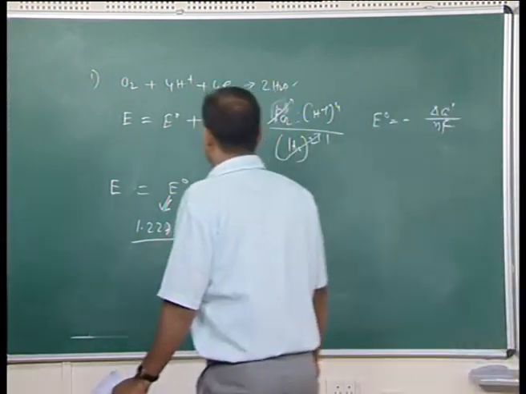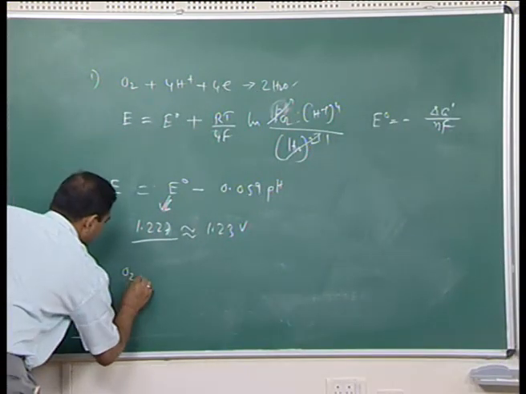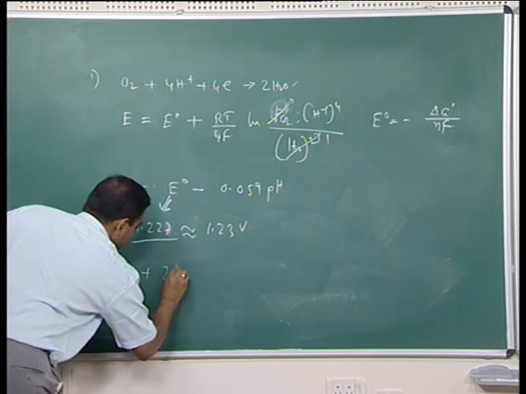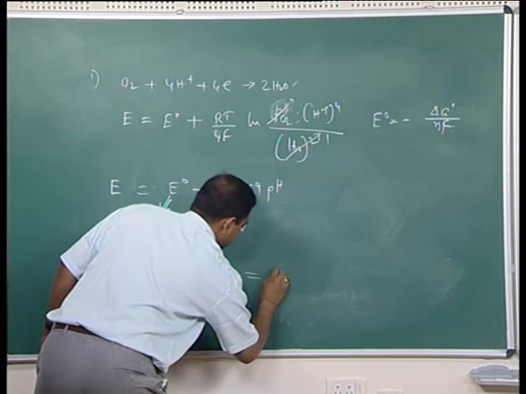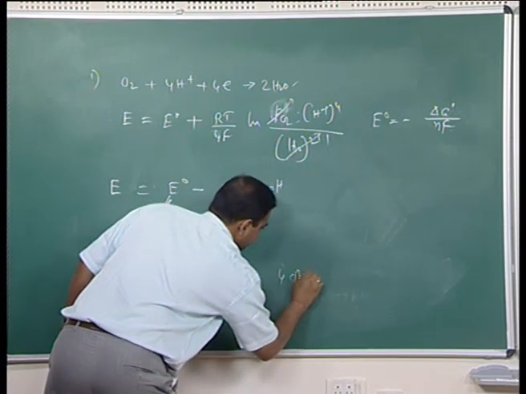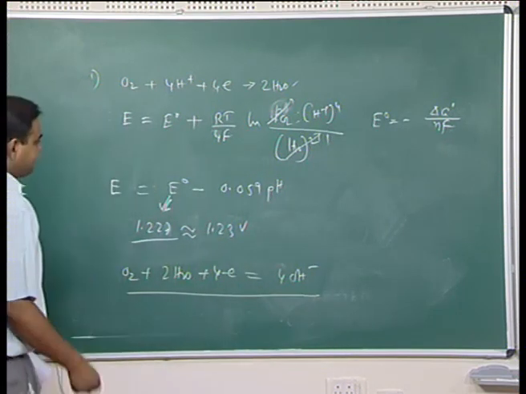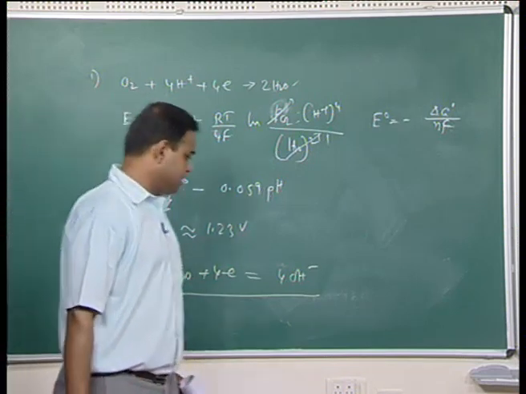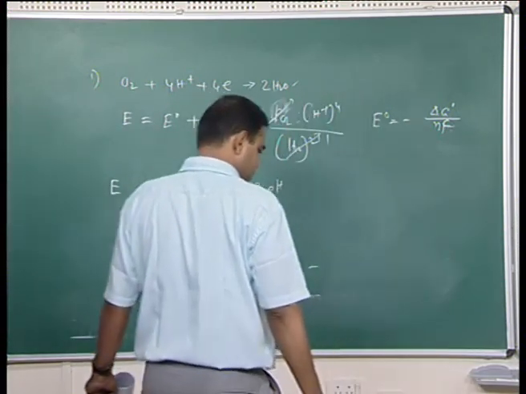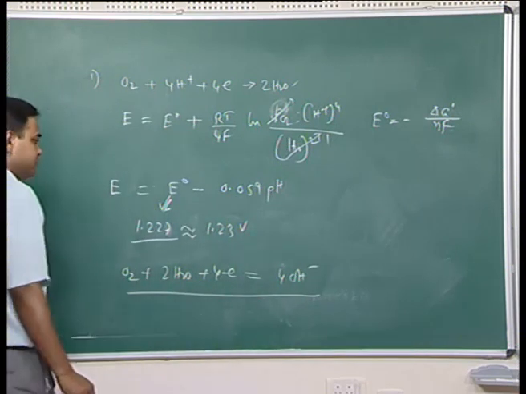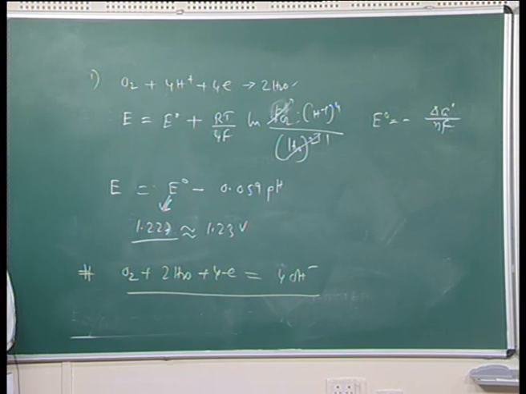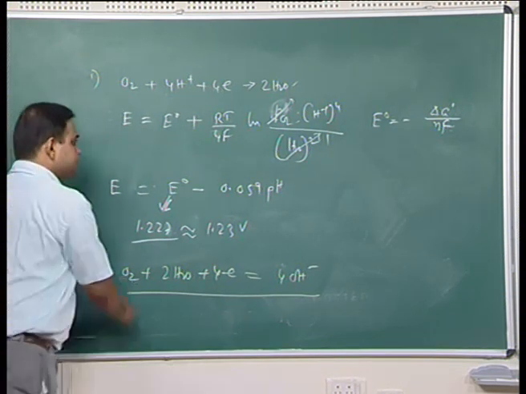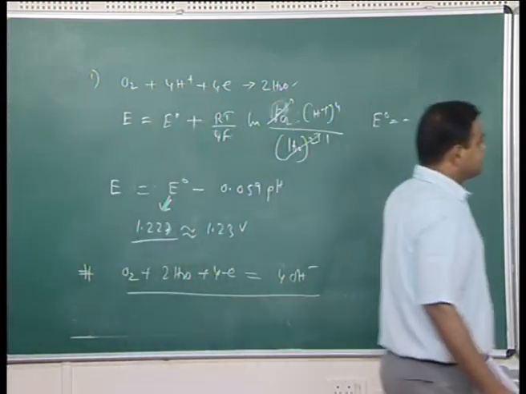And now we have one more reaction, that is O2 plus 2H2O plus 4e equal to 4OH minus ion. So, this is again just like 2H2O plus 2e equal to H2 plus 2OH minus. Same way, this reaction is also happening in basic or neutral medium, and this should start from pH 7.